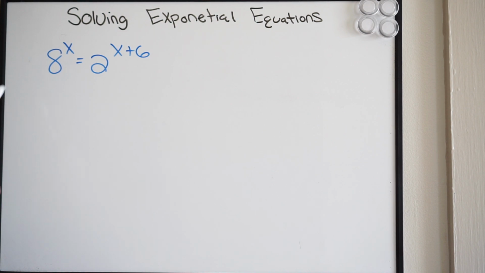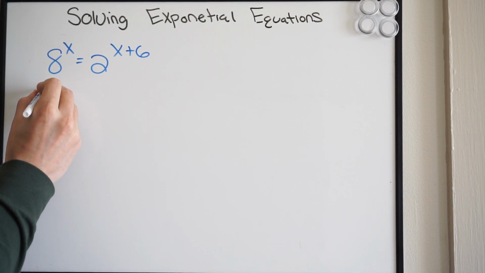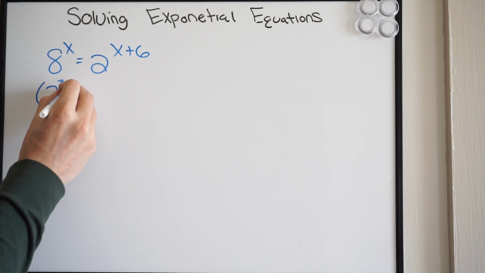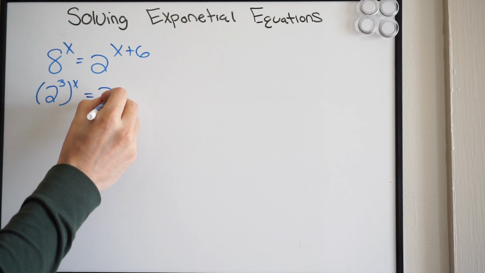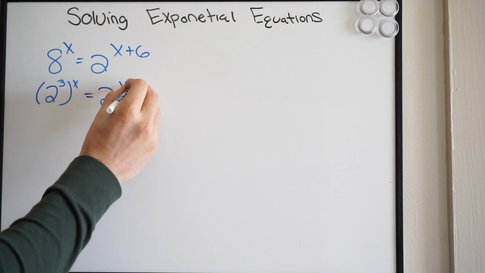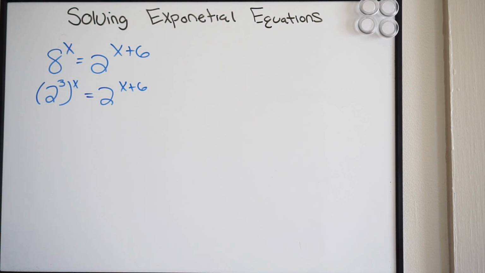So I can rewrite this 8 as 2 to the third power. So let me go ahead and do that. I'll have 2 to the third power, and we have x. This will equal 2 to the x plus 6. Now I'm just going to clean this up a little bit.